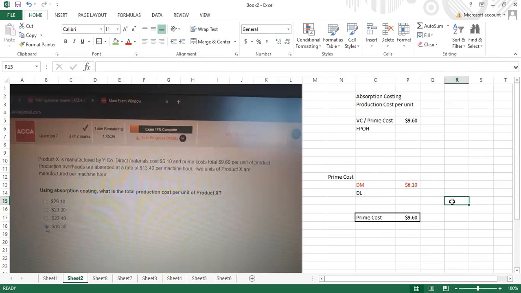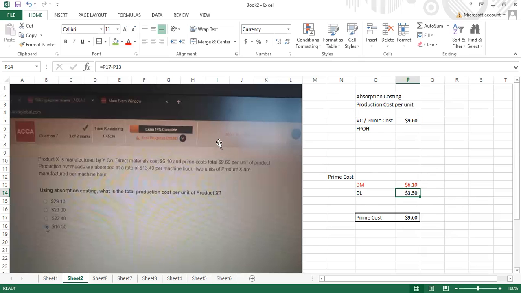If there were no direct expense, and direct material and prime cost were given and it asked you to calculate direct labor, you would deduct 6.1 from 9.6 and get 3.5 as your direct labor. But that is not our requirement.